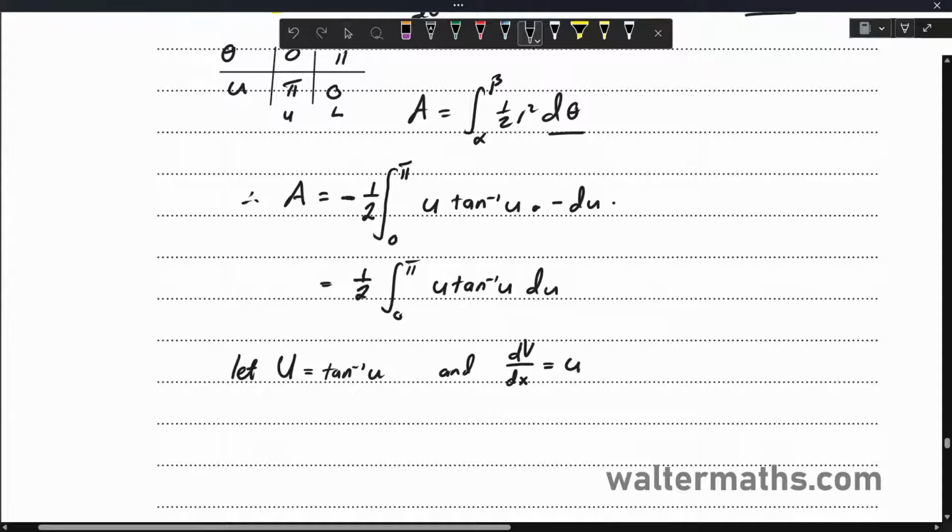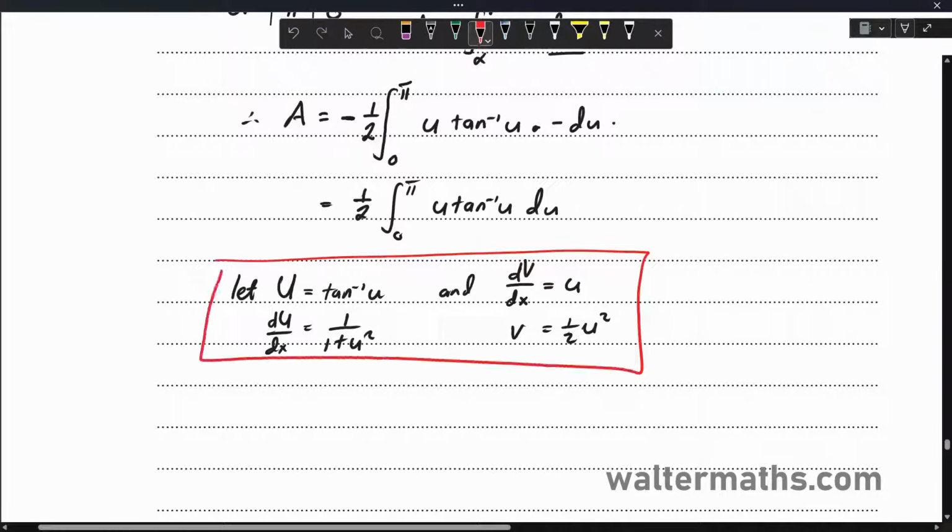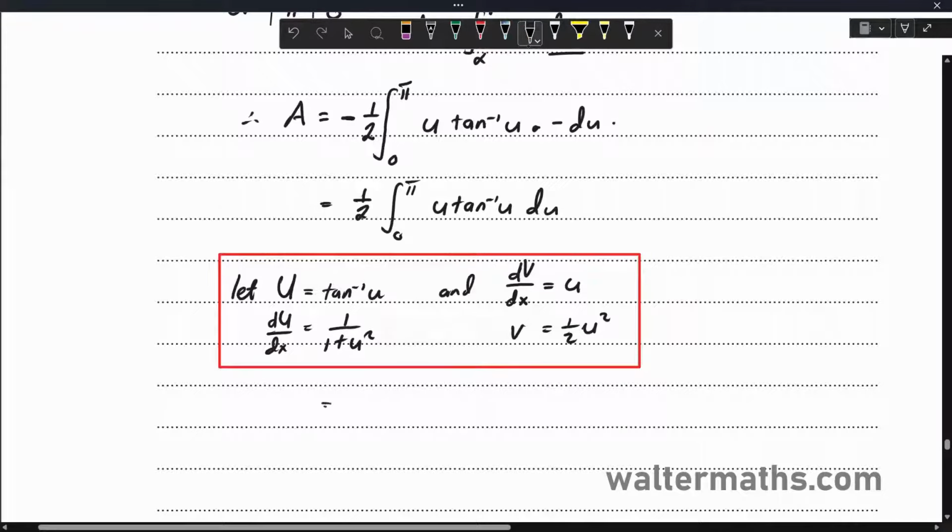So du by dx would be, differentiating arctan u, if you go to your MF19, you find that we should get 1 over 1 plus u squared in this case. And v here will be half u squared, essentially. So this piece of information was just to help us to do integration by parts. So we can now continue.